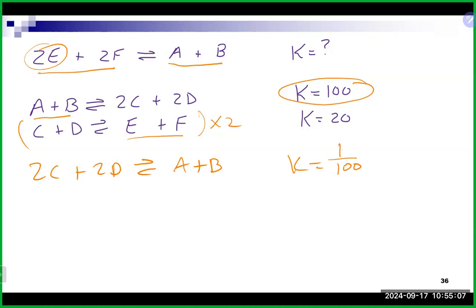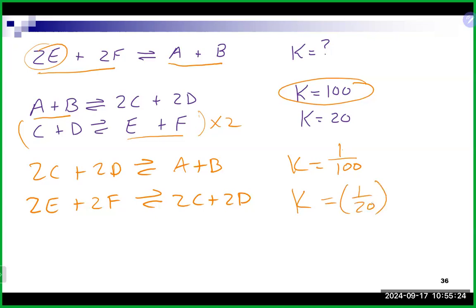When I do that, reversing and multiplying by 2 gives me 2E plus 2F goes to 2C plus 2D. I did a couple things there, so we want to keep track of it. We reversed it, which means we're taking 1 over our K value. We also multiplied it by 2, which means we also need to square that, right? We have to do both of those things because that's the way we manipulated it.